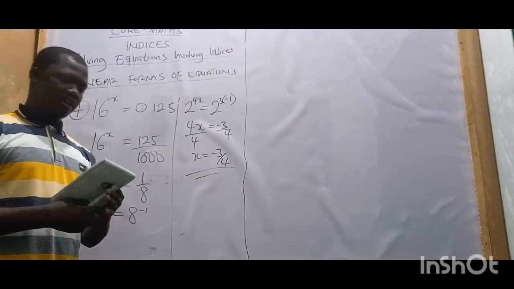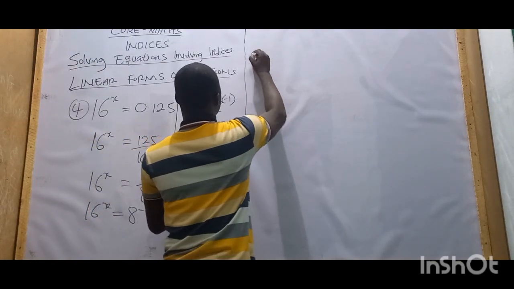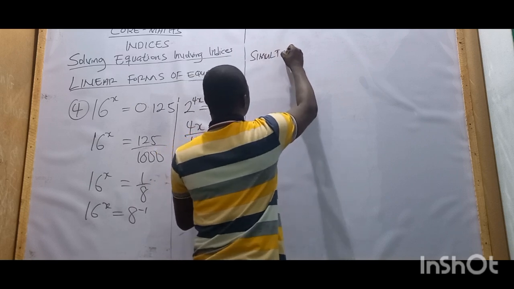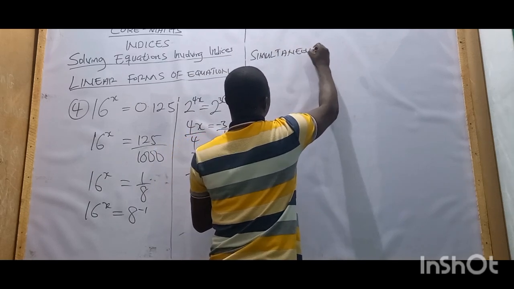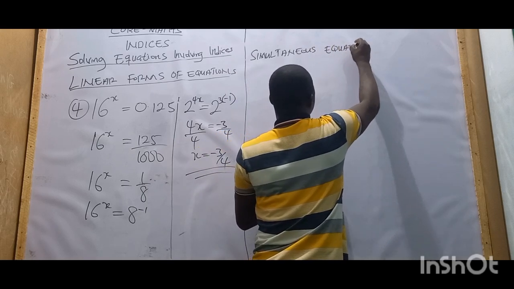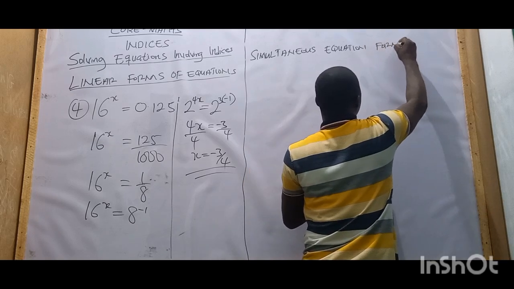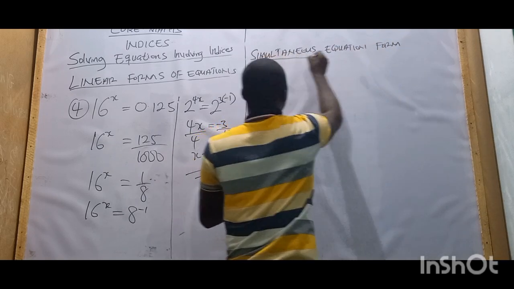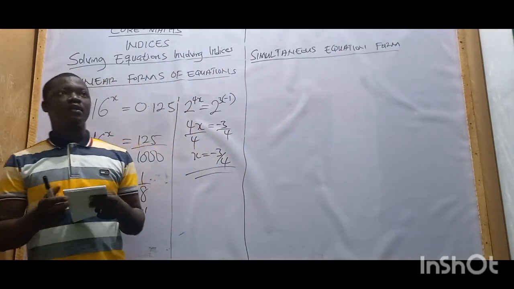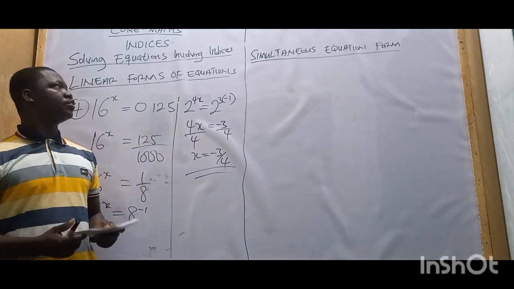So let's talk of the simultaneous equation form. As you know, simultaneous equation is an equation which involves two unknowns, which the two unknowns are what?